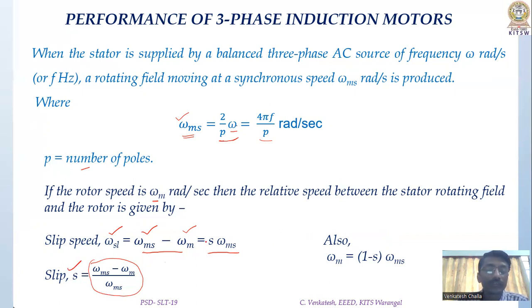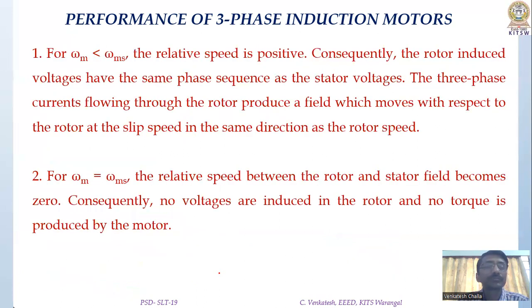If we know the slip of the motor and the synchronous speed, we can find the rotor speed by omega m equals 1 minus s into omega ms. These relations are to be used for further analysis of the induction motor.